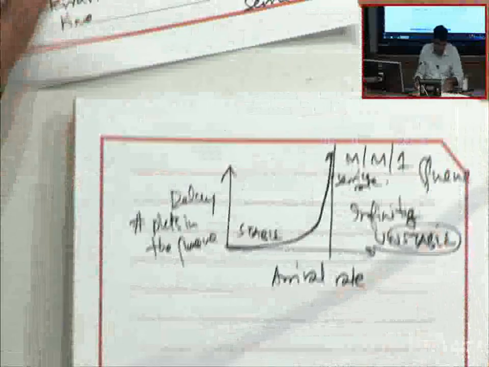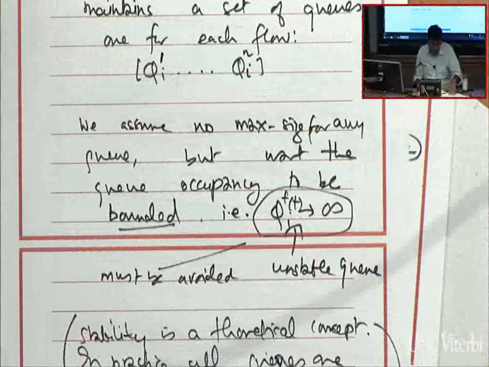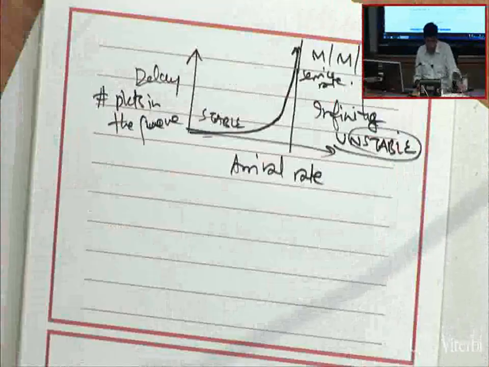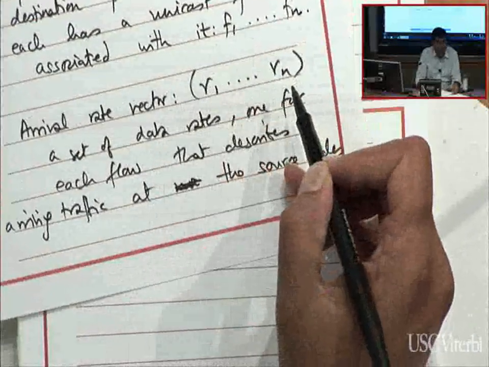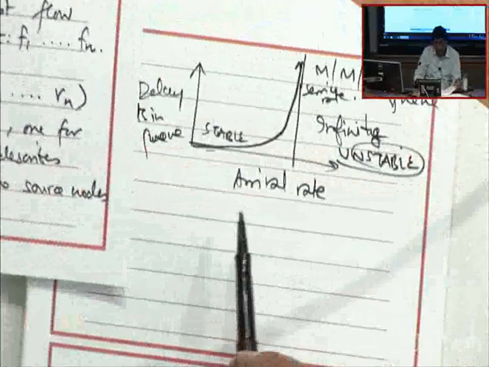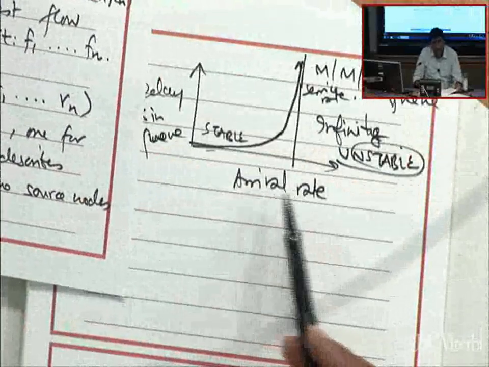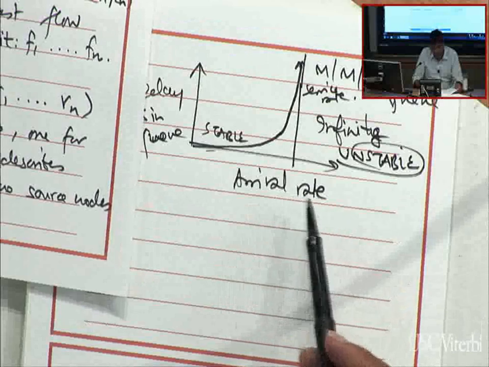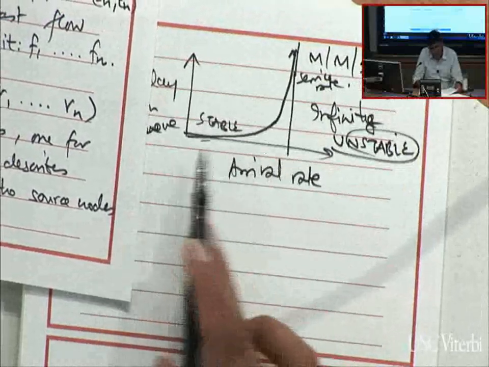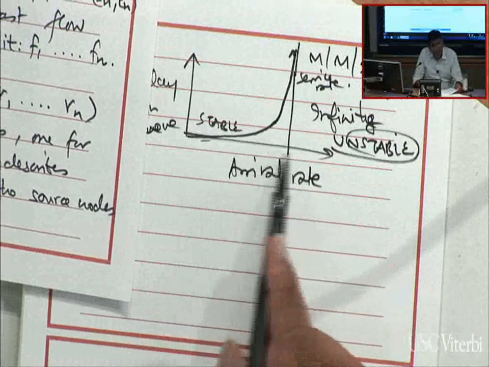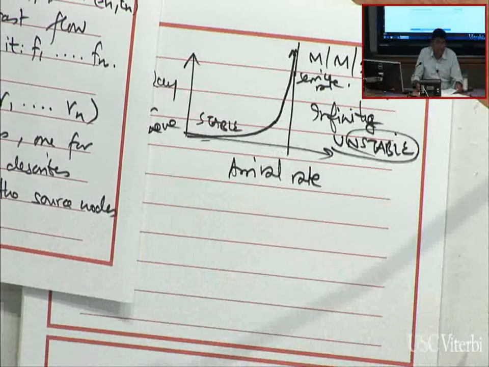So if I give you a particular arrival rate, so I have a particular arrival rate for every flow in the network, right? That's equivalent to the arrival rate we're talking about here, except instead of just for one queue, we're talking about one flow, we're talking about for every flow. So the x-axis is no longer just a one-dimensional axis, it's an n-dimensional axis.